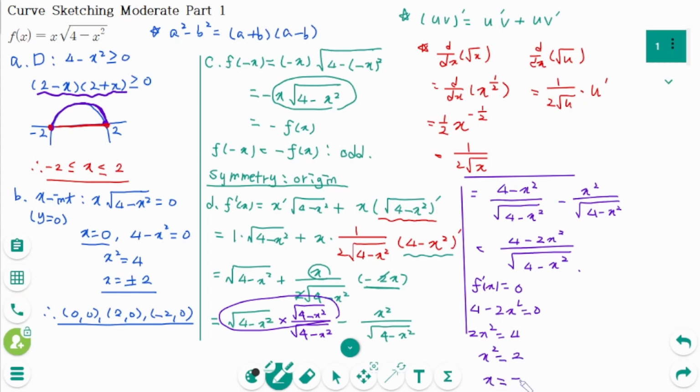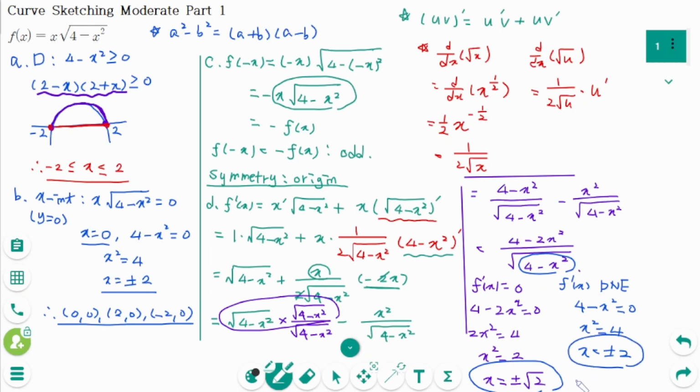That means x is plus or minus the square root of 2. f prime of x does not exist when the denominator is 0. This part: 4 minus x squared equals 0. Then x squared equals 4, so x is plus or minus 2. Then these are the critical numbers.